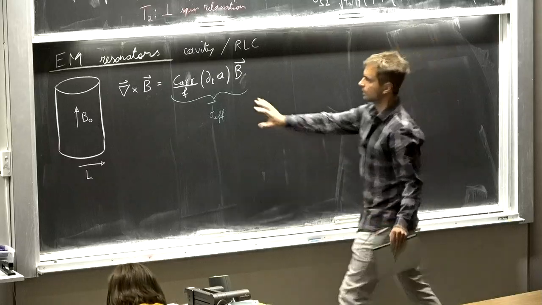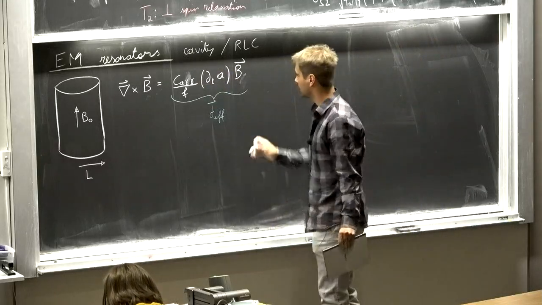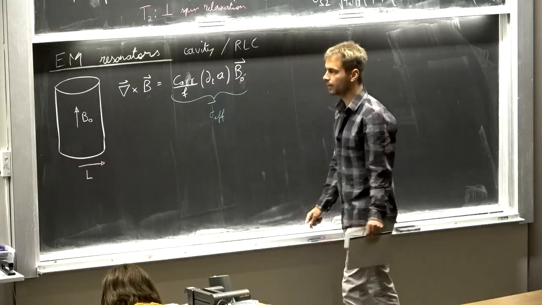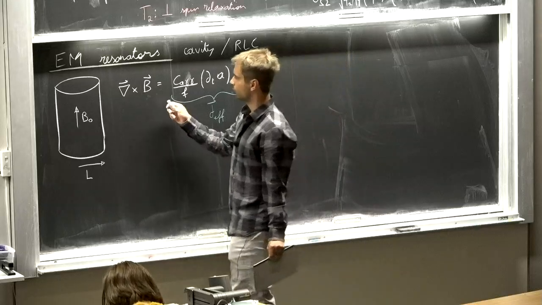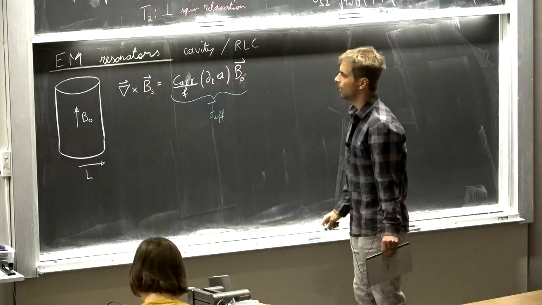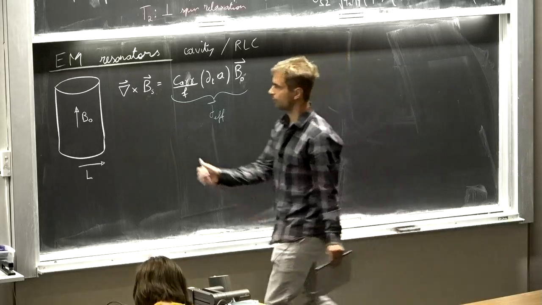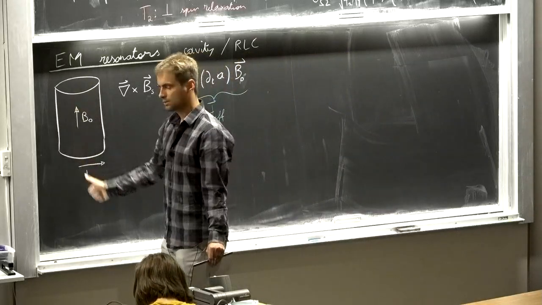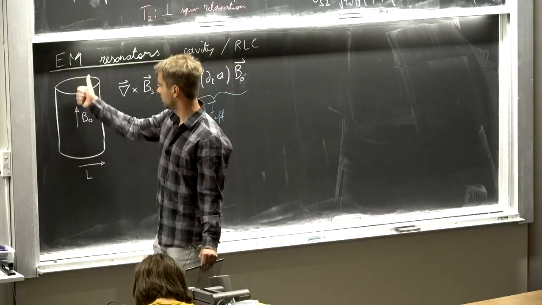But if you treat this as a perturbation, the leading order of the magnetic field is the static one here. And then this will produce some signal B field. And so, yeah, it would effectively be like an oscillating current along this direction.